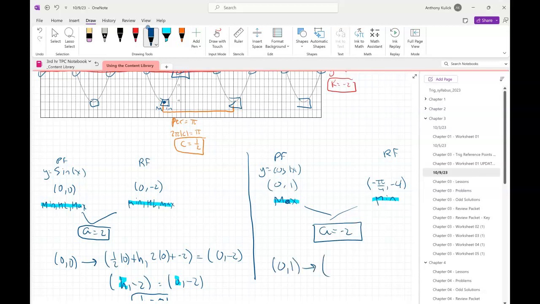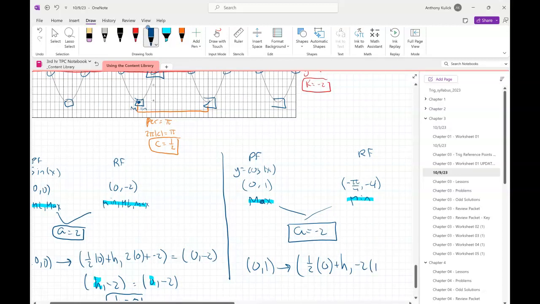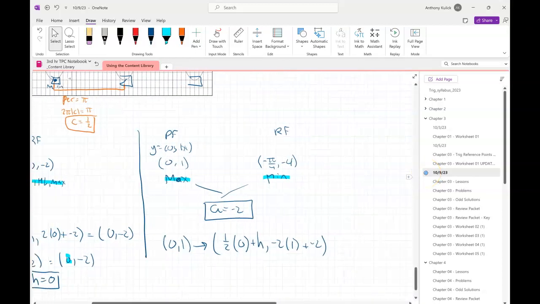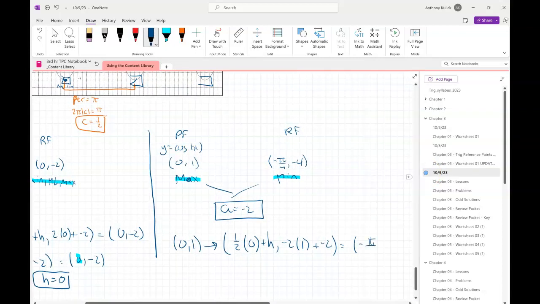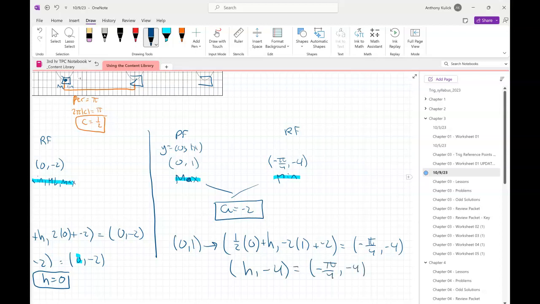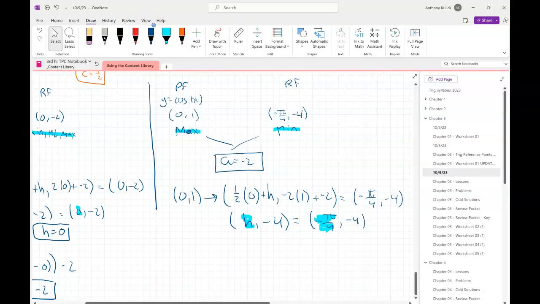And just like before, I'm going to be doing my transformation map, and that needs to give me -π/4, comma -4. So when I simplify that down, I get h comma -4. So what should my h be? Needs to be -π/4.